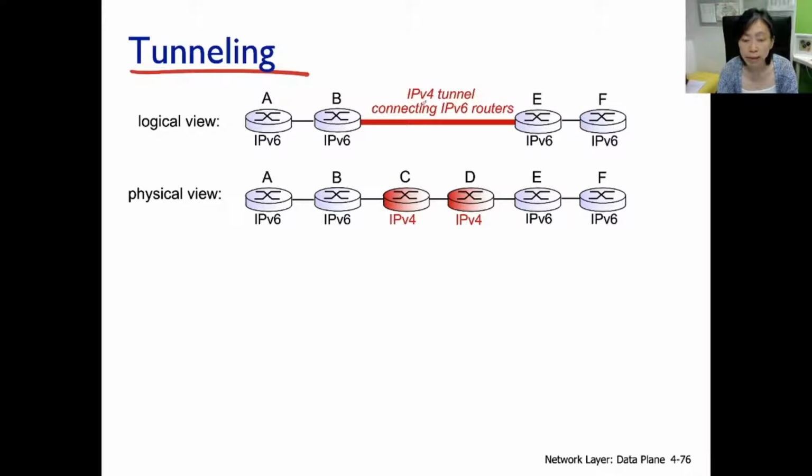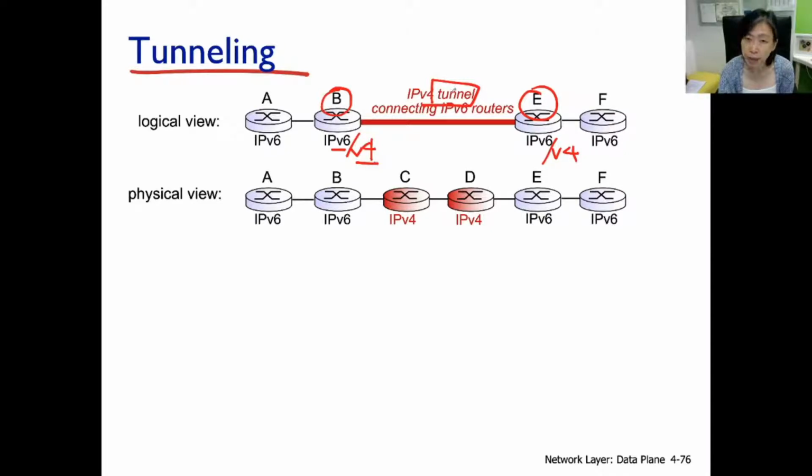So what's being done in the tunnel is this. B and E are the border routers separating the version 4 and version 6 space. They implement version 6 for sure, but also version 4 as well. Therefore, B and E both carry an IPv6 address as well as an IPv4 address.